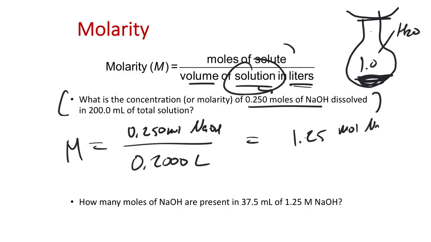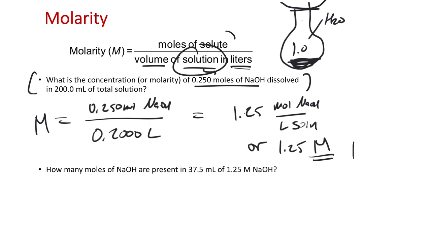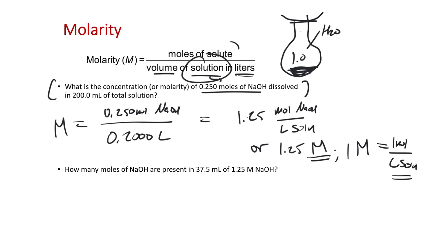Now we can explicitly write this out, moles of sodium hydroxide per liter of solution, or we can write this 1.25 capital M. So capital M equals 1 mole of your solute per liter of solution. So we'll use that big M a lot.